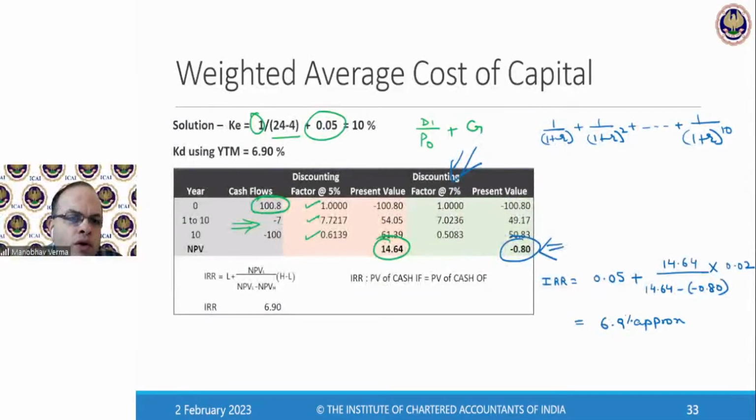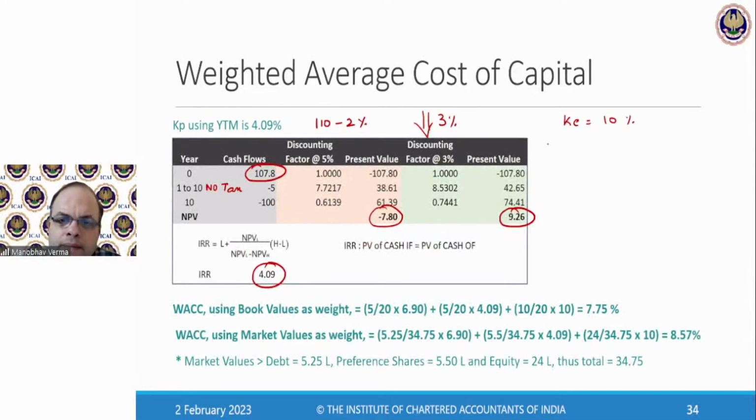We have cost of debt as 6.9. We have cost of preference shares as 4.09. And let's say now we need to calculate my book values and market values.